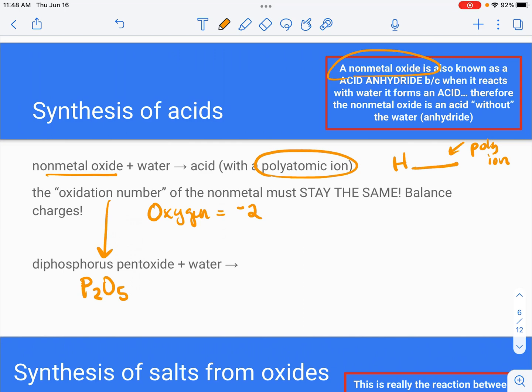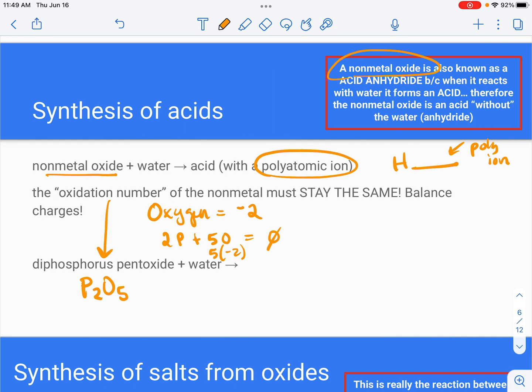Okay, so we're going to do this the same way as you would find the Roman numeral on a metal in an ionic compound. So I have 2 phosphorus and 5 oxygen, and it has to equal a total charge of 0. So the 5 oxygen is 5 times -2, and that means this is -10. So 2 phosphorus have to equal +10, because they have to give a positive charge.